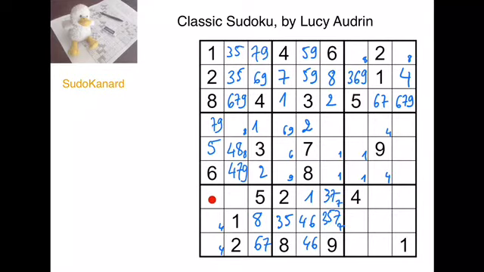This digit can only be 3, 7 or 9. We need 6 and 8 somewhere on this row. 8 can't go here, so 8 has to go there.